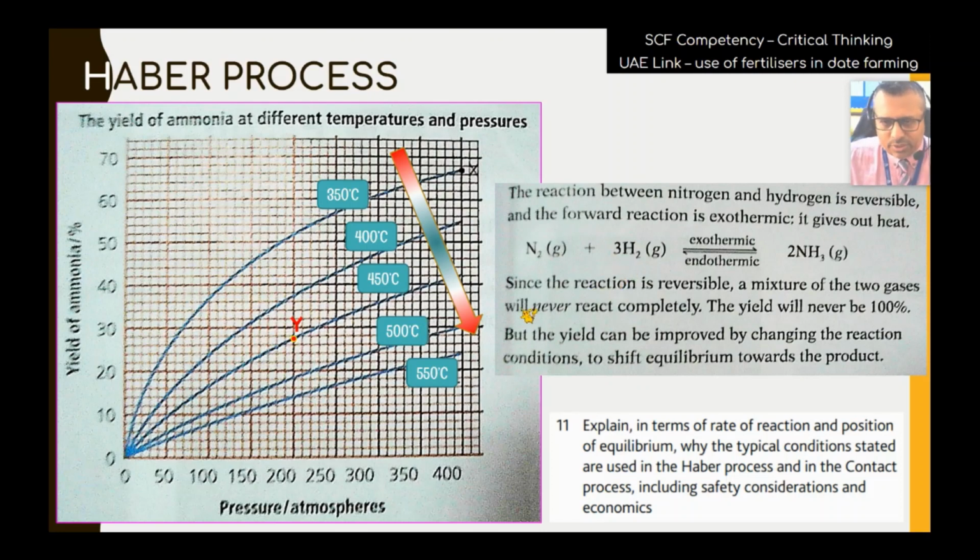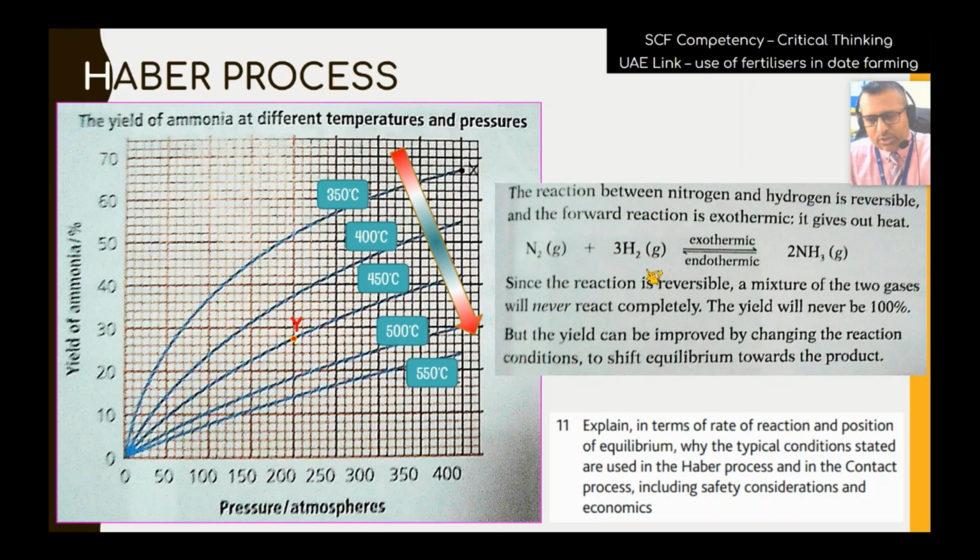Because you have more volumes of gases on the left hand side than you have on the right hand side, when you raise the pressure, you are pumping in more nitrogen molecules, more hydrogen molecules, and what you are then finding is that they can react more frequently together.